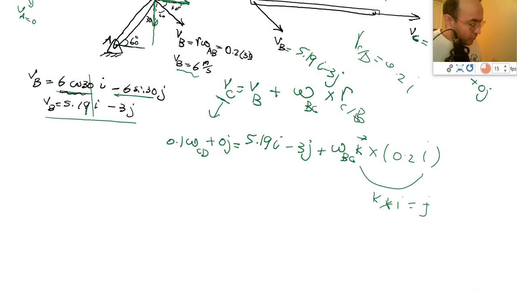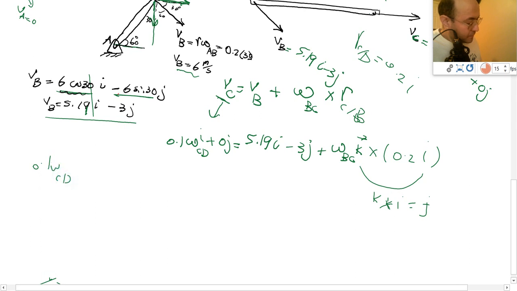Now, I'm going to finalize the problem. In this problem, I have 0.1 omega CD, and again, I forgot the i here. There's the i here. And on the other side, I have some components. So let's simplify. In the right side, I have 0.1 omega CD plus 0 in j.